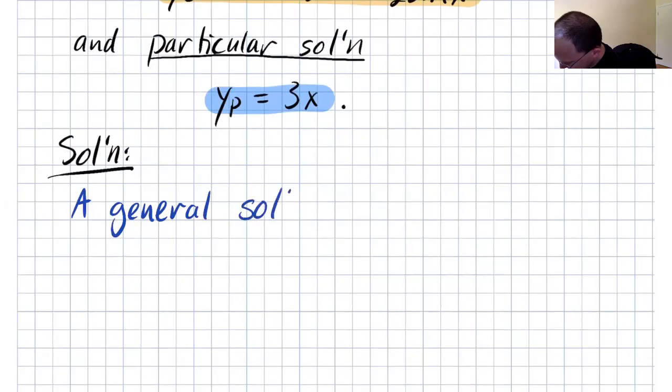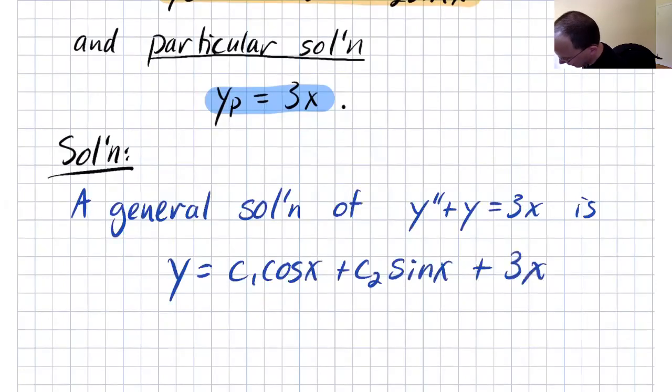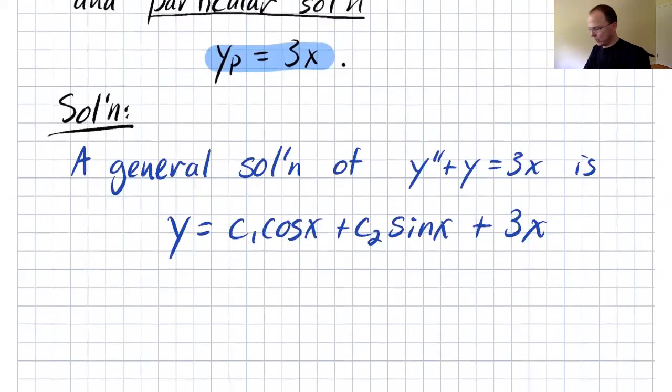But a general solution of this differential equation is y equals c1 cosine x plus c2 sine x plus 3x. So that is our general solution for this differential equation.